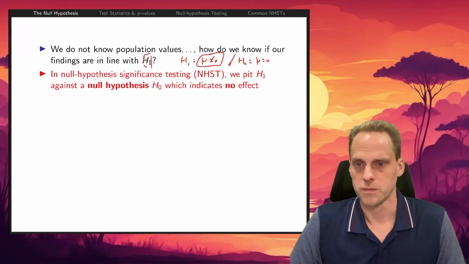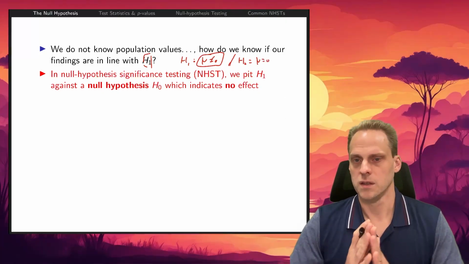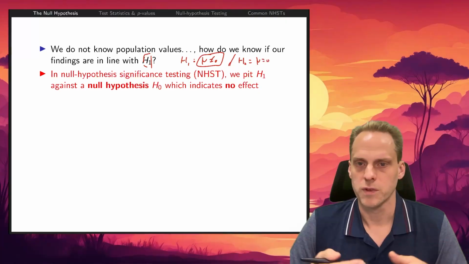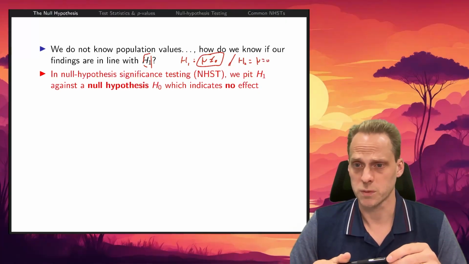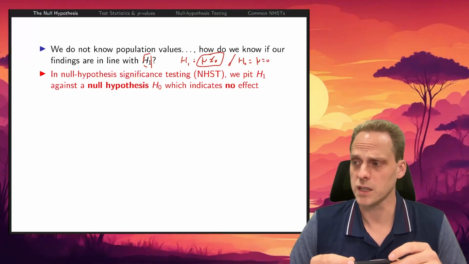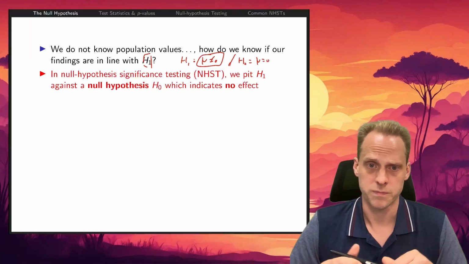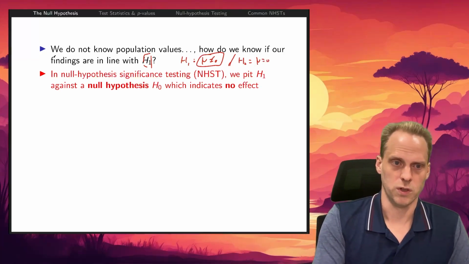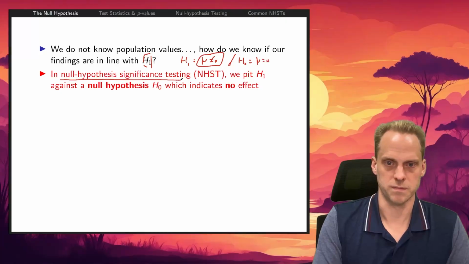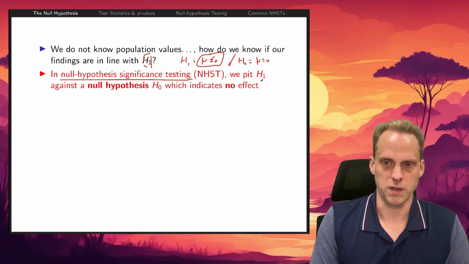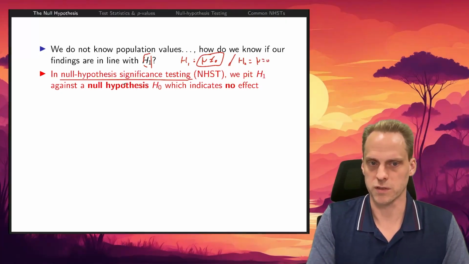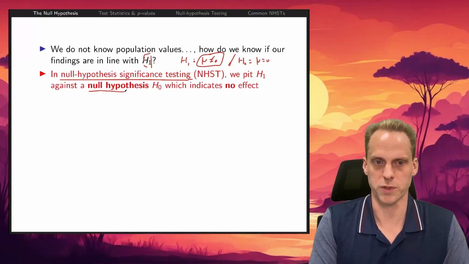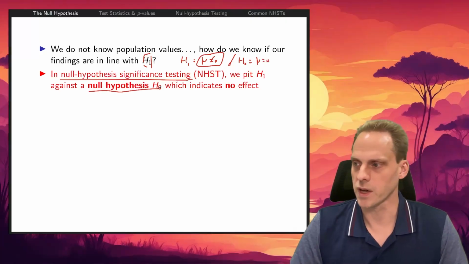What we can do is try to see, okay, maybe we don't really know H1, the alternative hypothesis, but can we reject the idea that the null hypothesis is true? That's what we call null hypothesis significance testing, where we pit H1, basically saying the effect is not 0, against a null hypothesis, the effect we're trying to reject.